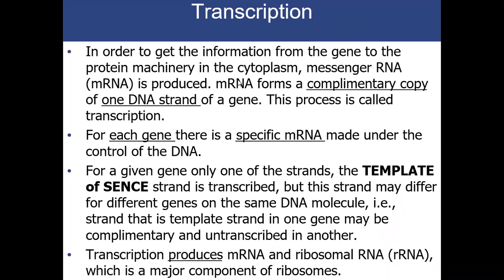So let's go into the transcription process, which is the creation of the mRNA or the RNA synthesis process. In order to get the information from the gene to the cytosol where the ribosome is going to create the protein, the messenger RNA needs to be produced, which is what I showed you earlier.